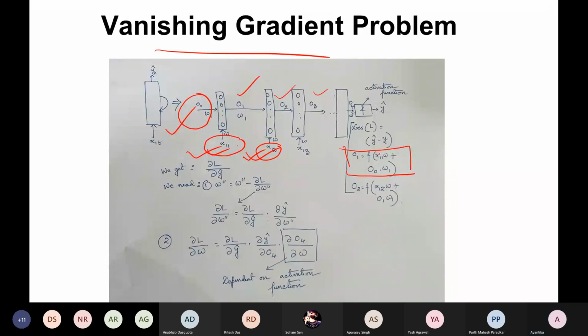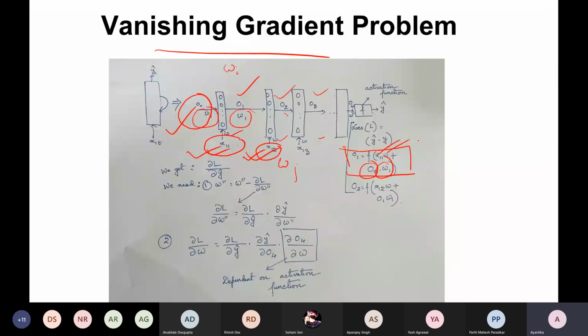Your temporal input is multiplied by some weight, whereas your previous layer output is also multiplied by some weight, W1 and W. For the sake of generalization, we have just considered W and W1 for all the weights, but that is not always true. This may vary, and you may think of Wi and Wj.